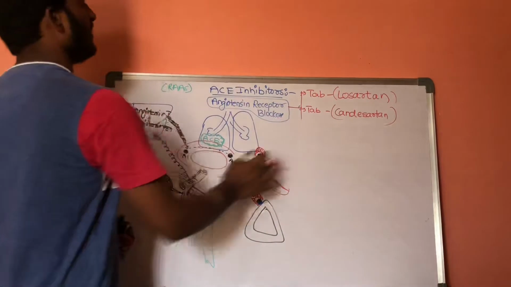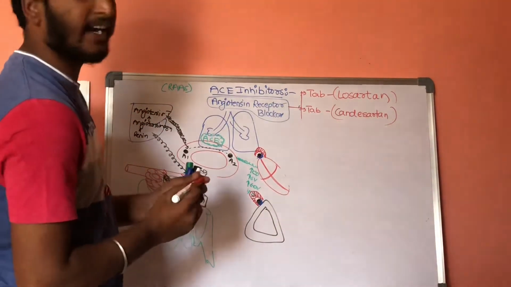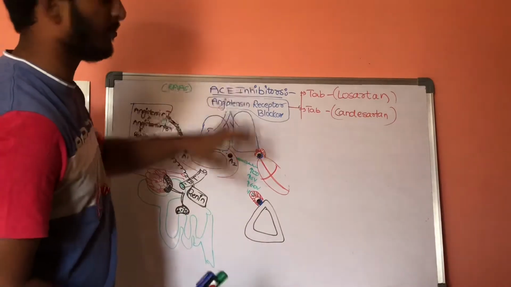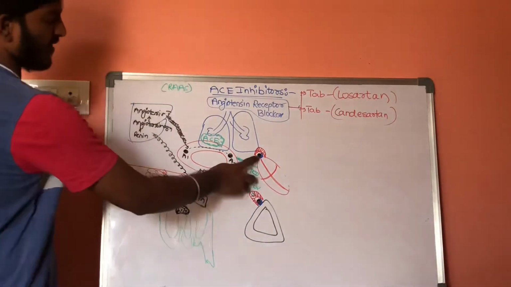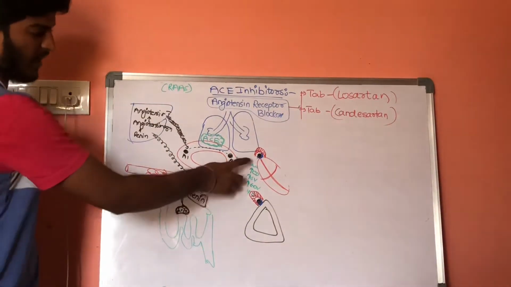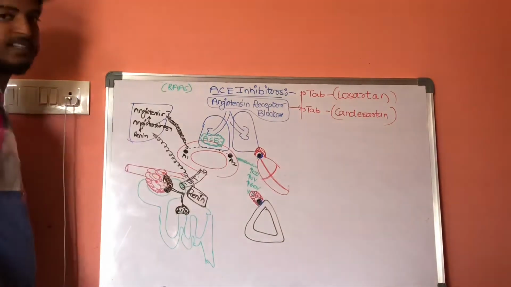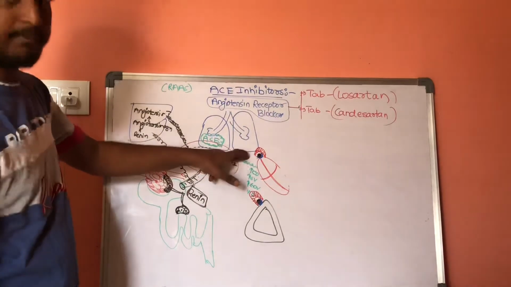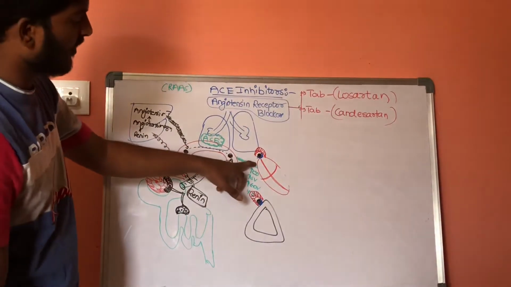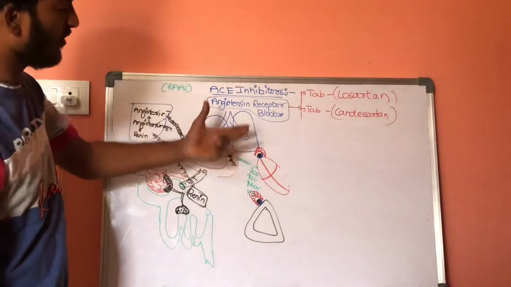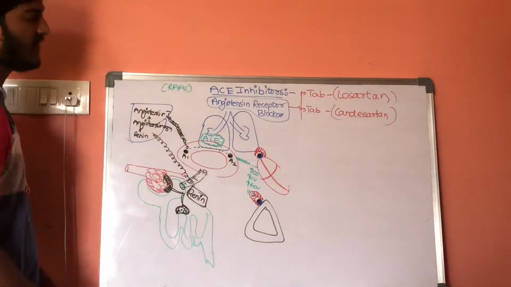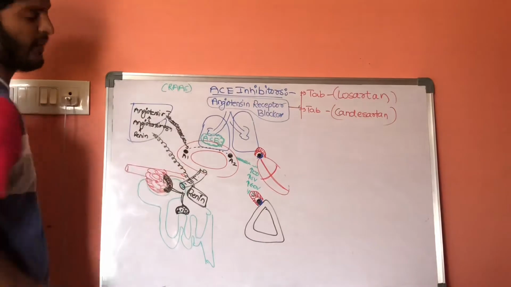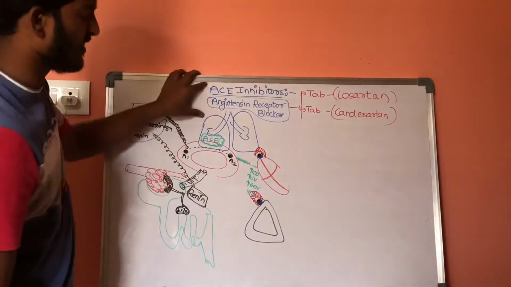These are the two drugs, losartan and candesartan, which are used as angiotensin receptor blockers, which block the receptors of angiotensin 2 on the heart and special types of tissues, and do not stimulate these receptors and do not increase the cardiac output. In this way, angiotensin receptor blockers and angiotensin converting enzyme inhibitors have the same function.